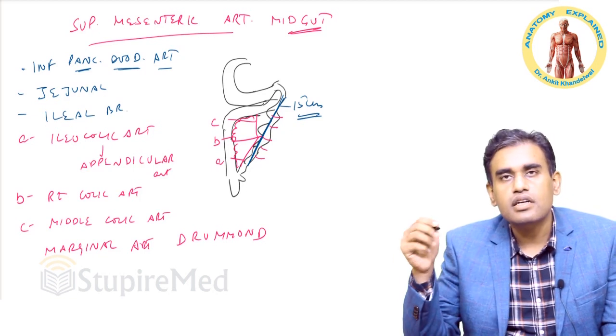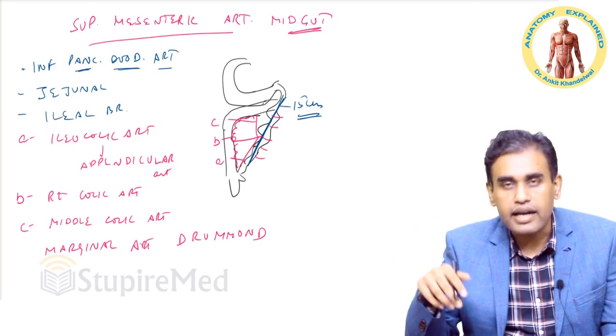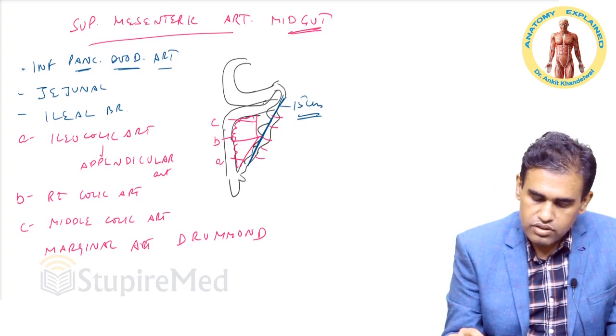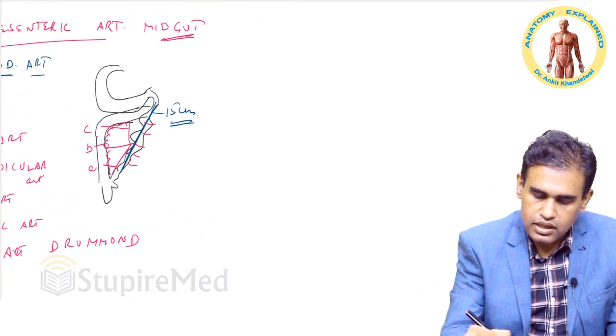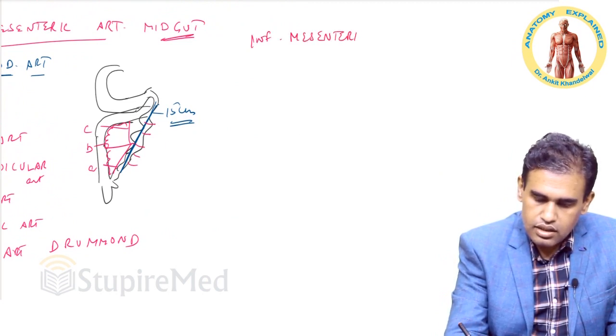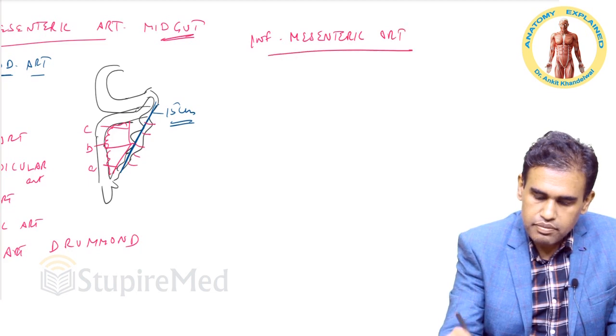Then we have the inferior mesenteric artery, which will supply the hindgut. If we write about the inferior mesenteric artery, that is the artery of our hindgut.